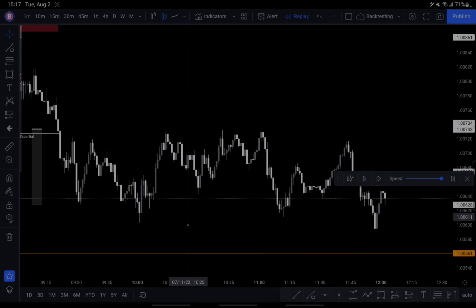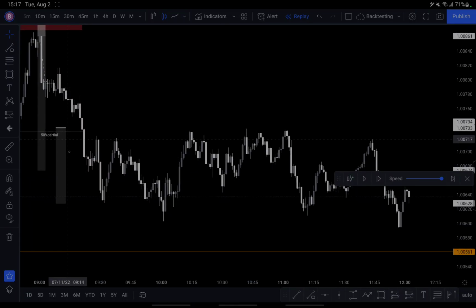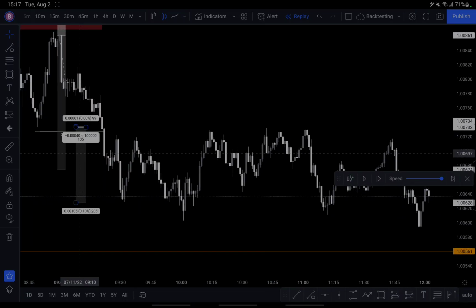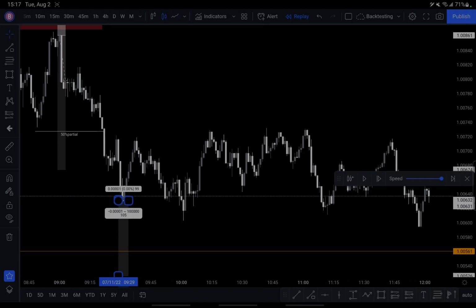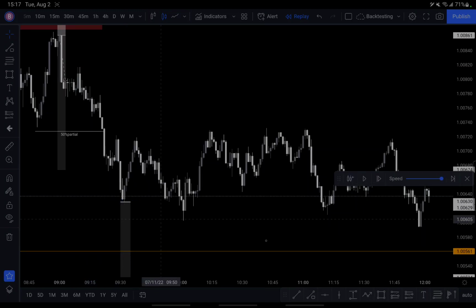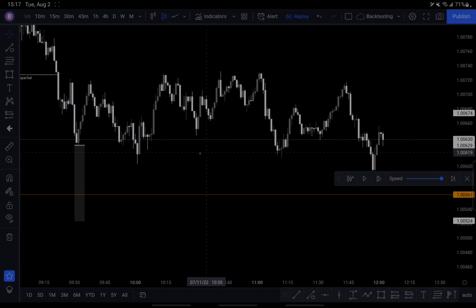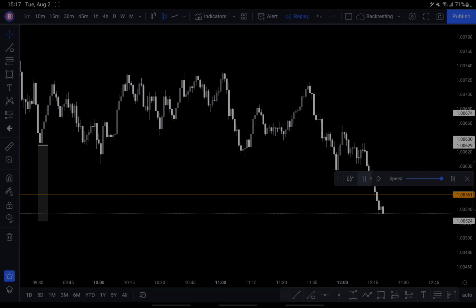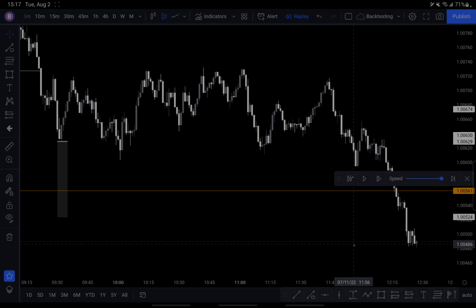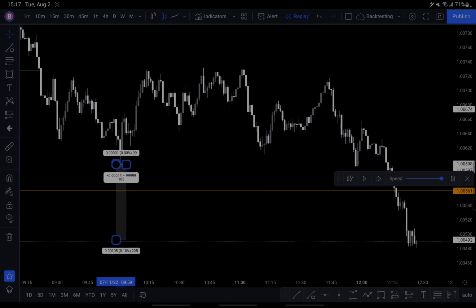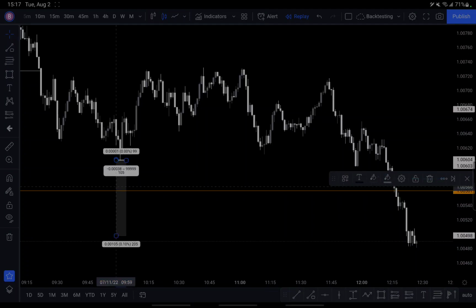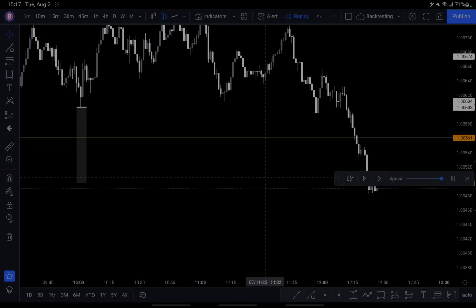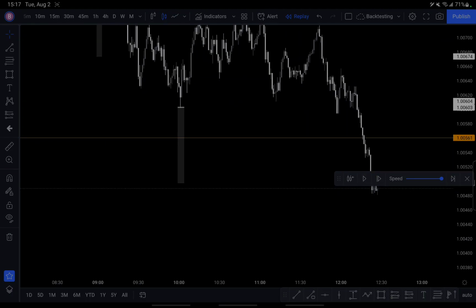Okay, so now let me move this here, my stop loss here, right below this low. Let's see where we're at, which I'm sure I'm gonna get stopped out. Okay, price keeps going. Move my stop loss here. Just keep watching price.